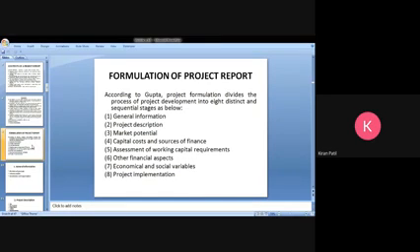The product design, the design of the product that you're going to manufacture. Then, what are the advantages to be offered by the product? Basically, how is your product more superior to others? How is it advantageous? That again needs to be mentioned.